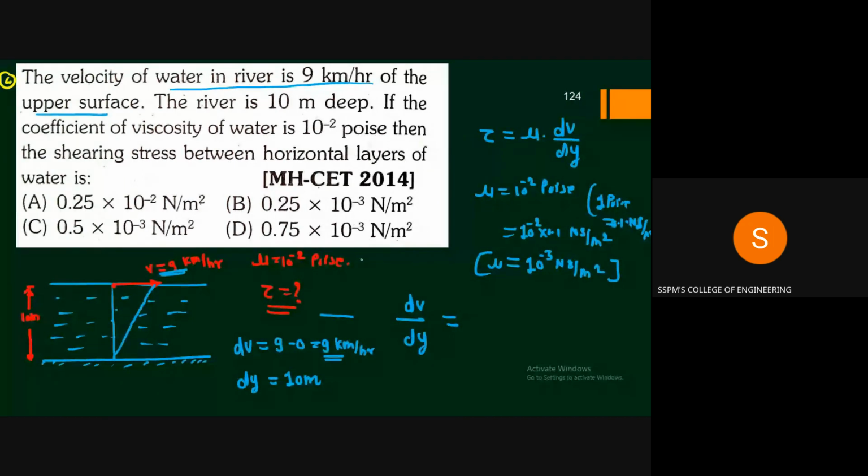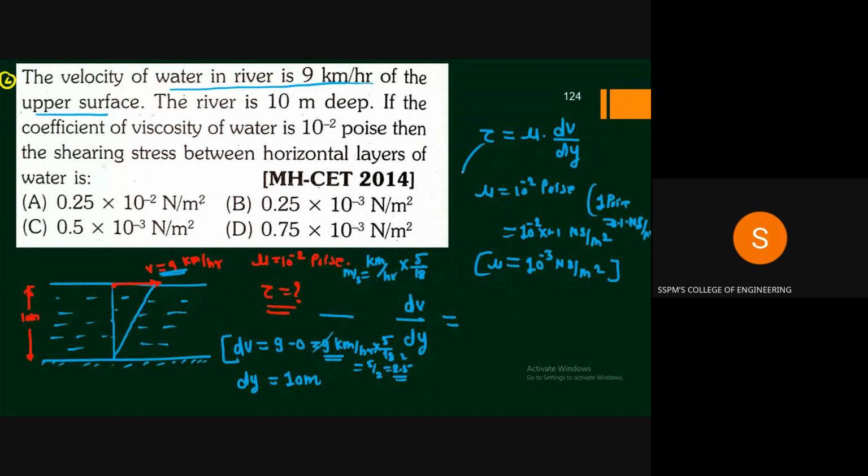To get meter per second from kilometer per hour, multiply directly by 5 by 18. So 9 into 5 by 18 is 5 by 2, that is equal to 2.5. So your dv value is 2.5.